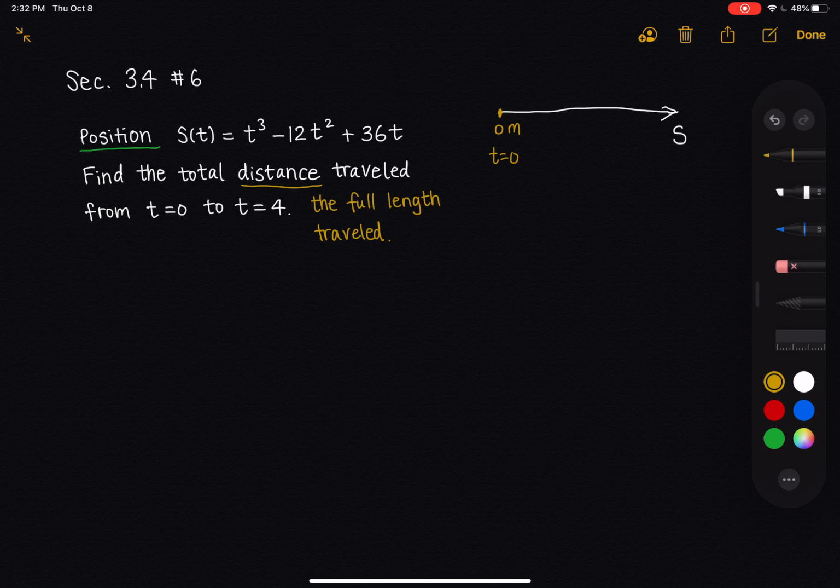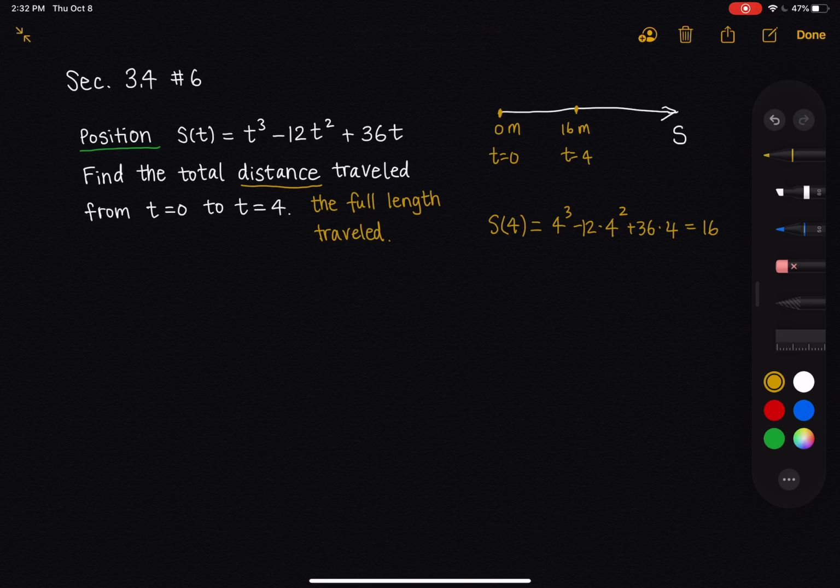So s of 4, you plug in 4 cubed minus 12 times 4 squared plus 36 times 4, and you get 16. So what it's telling us is at time 4, the particle is 16 meters away from where it started.